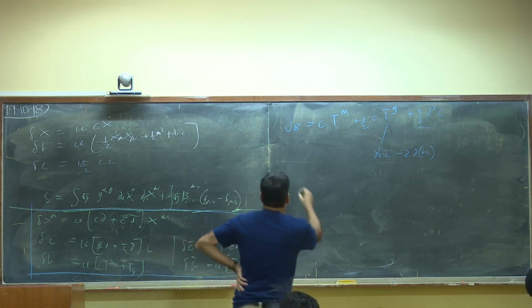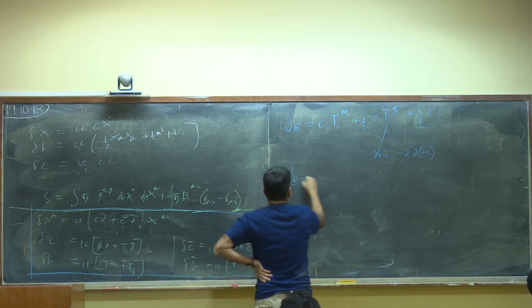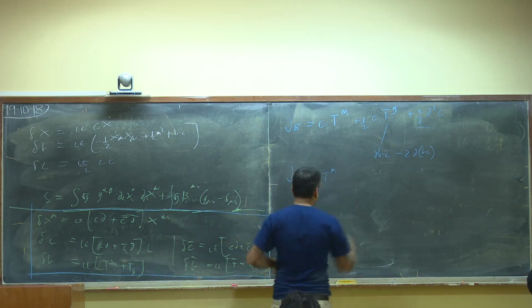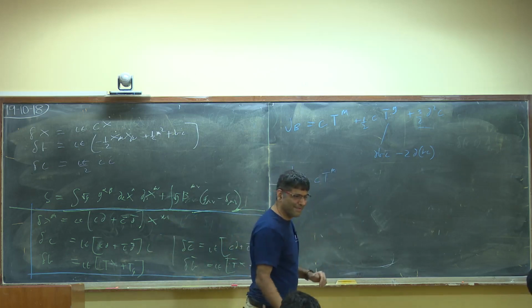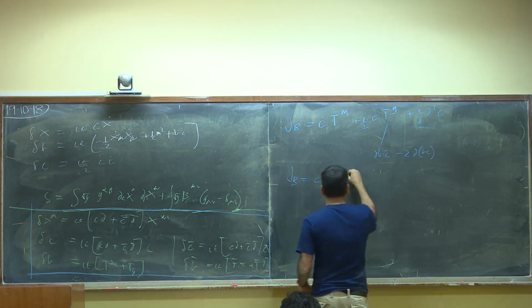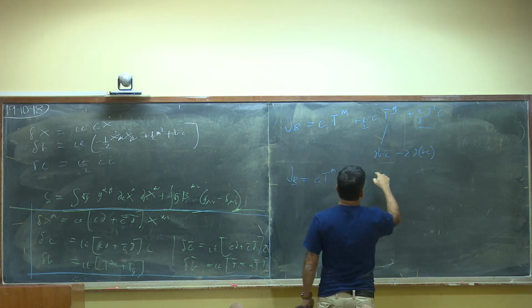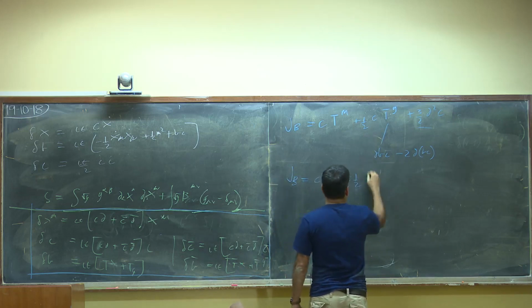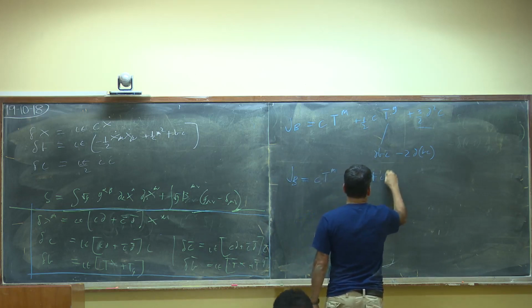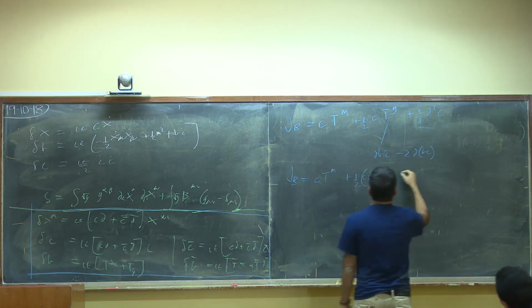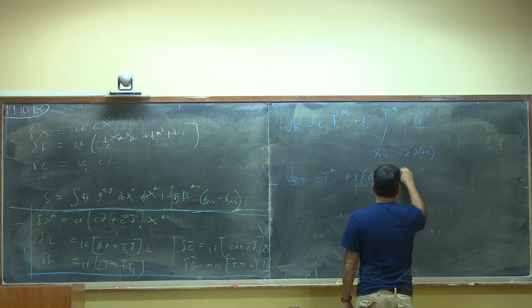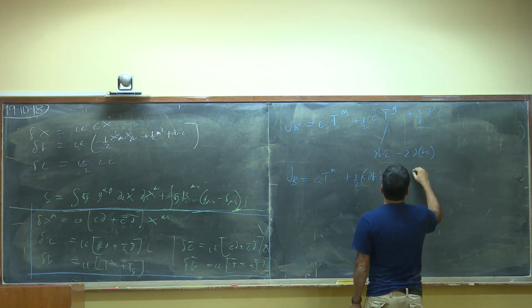Okay, so let's work this out in more detail. J_B is equal to c times T matter. T matter, of course, we know. I'll write that down later. But this thing, let's put in explicitly, plus half times del b c, c del b c, minus 2 del of (bc) times c.